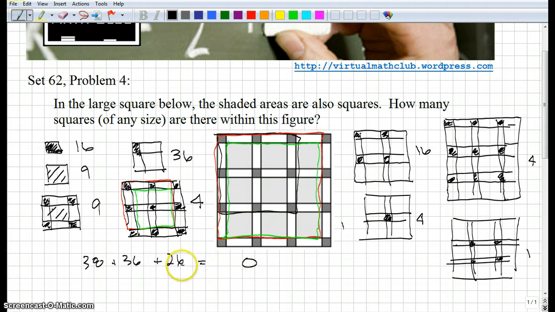If we add that up, we get 6 and 6 is 12, plus 8 is 20. So we got a 0, carry a 2. So we have 2 plus 2 is 4, plus 3 and 3 is 6, so we have 100. And that's our answer. We have 100 squares.